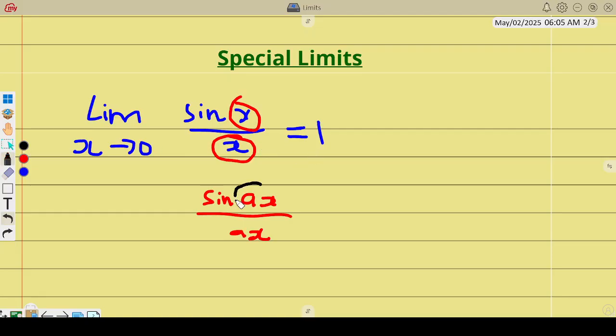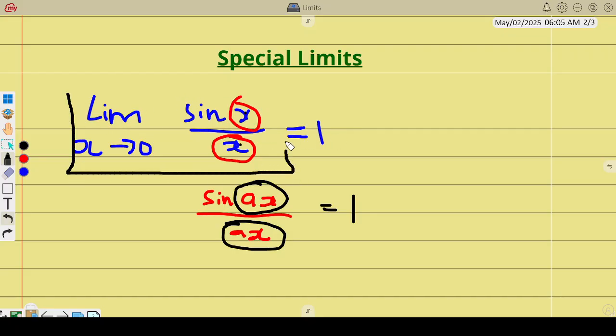Like here you can see we have ax, even here we have ax, then this will also equal 1. So we're going to look at a few questions. The aim will just be to make sure that here and there is the same. As soon as it is the same, then we're going to finish it up.